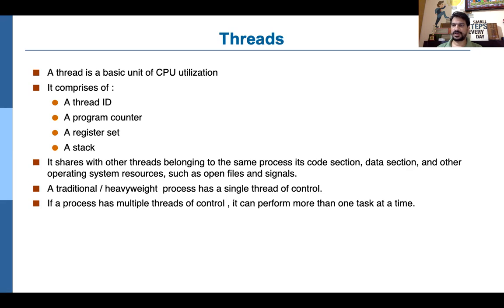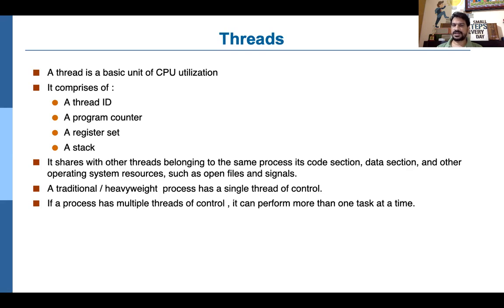In a process, there are a number of instructions, and which instruction will execute next, the program counter decides. In the same way, in a thread also, because the thread is the smallest unit a CPU will utilize, there is also a set of instructions. Which instruction will execute next will be taken care of by the program counter.